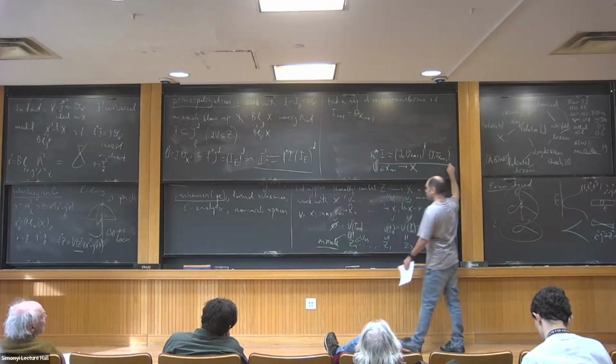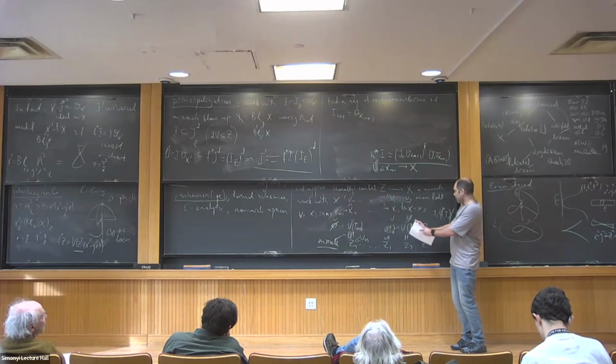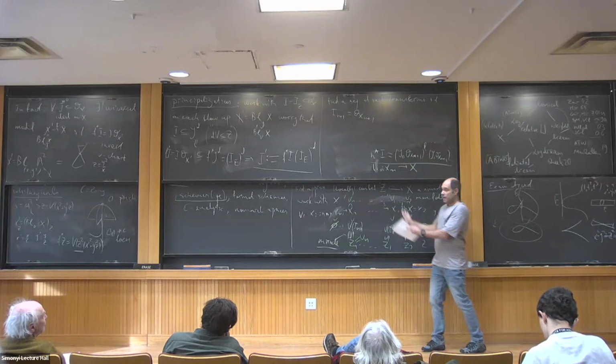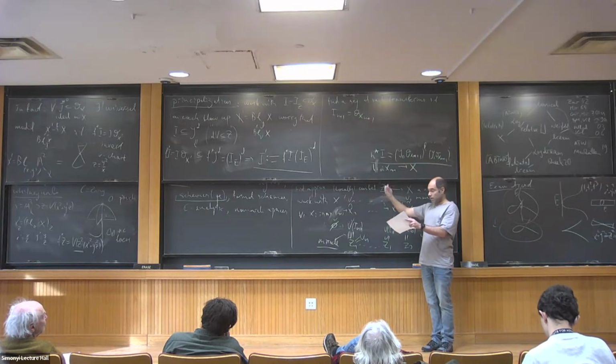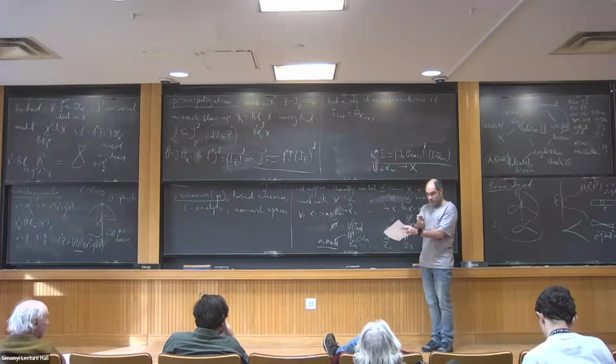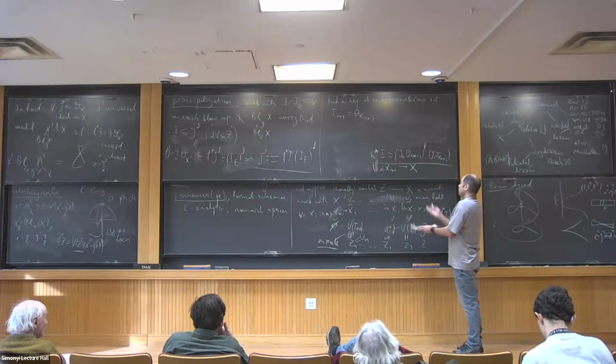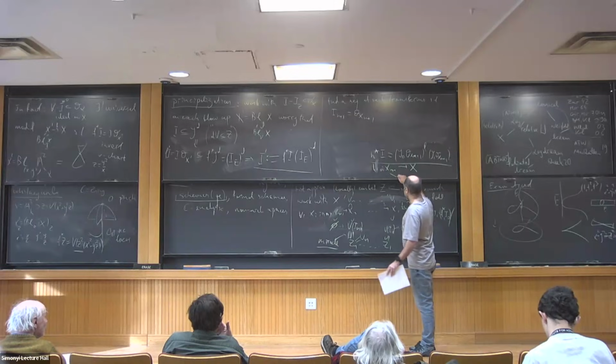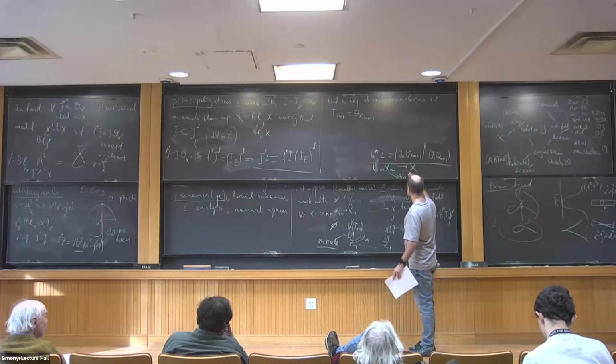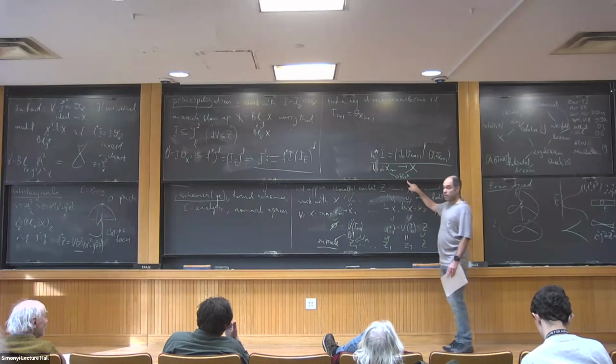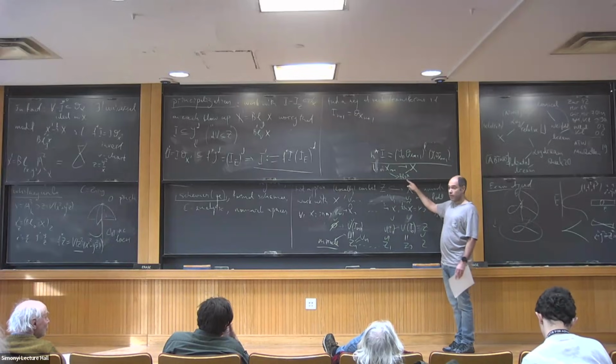So morally, what I'm doing is starting with any I and factoring it into ideals of exceptional divisors, which I blow up at each stage. So by the universal property of blowing up, I get a modification which is a refinement of the blowup of I. So such blowups are cofinal.